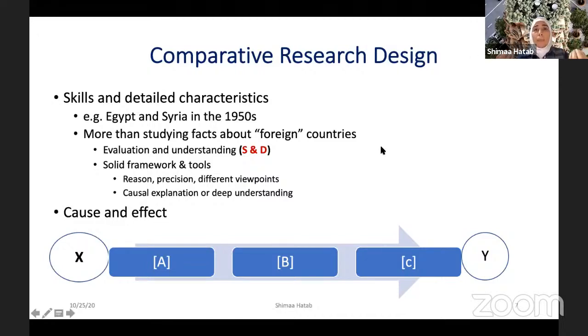So if you remember, we are studying a relationship between two phenomena. So you need to understand civil war, for example, and what affects civil war. So this is like a cause and effect. So your independent variable is X and the outcome variable is Y. Y is the civil war, and here X, for example.